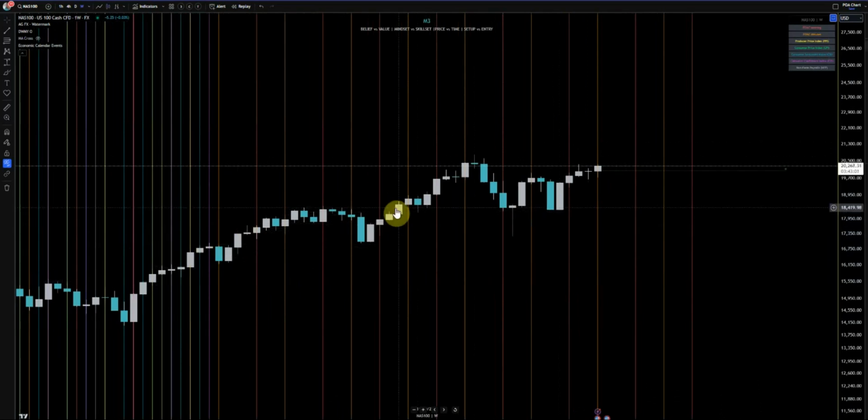It helps me plot economic calendar events on my chart. So instead of going to Forex Factory to look for where the FOMC meeting is, where the CPI event is, and when it is happening, it plots it out on my screen right in front of me.